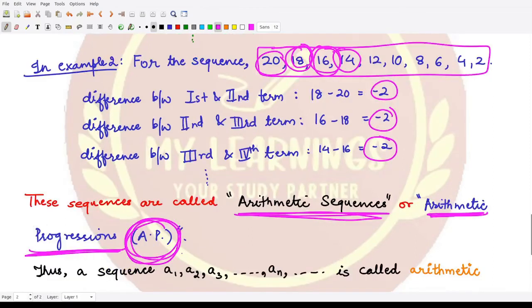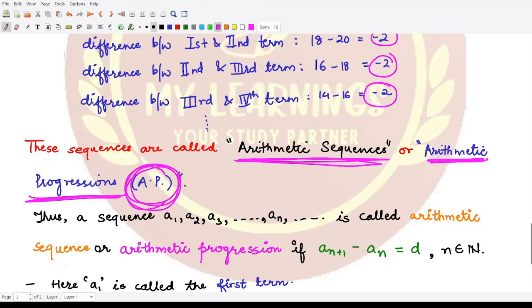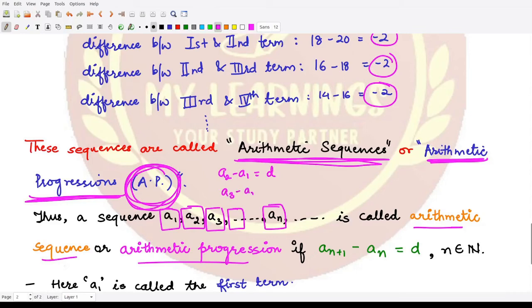Mathematically, if the first term is a1, the second term is a2, the third term is a3, the fourth term is a4, and so on, the nth term or the general term is an. This forms an arithmetic sequence or arithmetic progression if and only if the difference of the first two terms is d, the difference of the second and third term is d, the difference of the third and fourth term is also d, so the difference of each consecutive term is d.